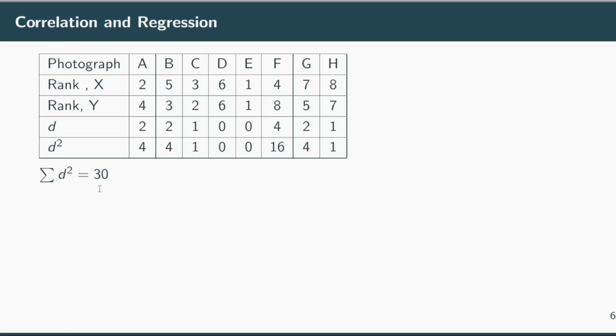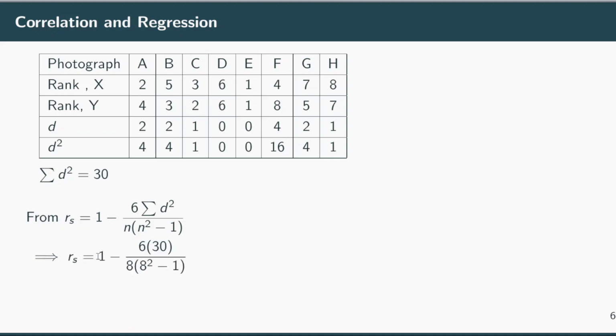And of course, I know that the formula for the Spearman's coefficient of rank correlation, RS, is 1 minus 6 times the sum of the squares of their differences, divided by n times n squared minus 1. All I'm left to do here is to plug in the values and evaluate.